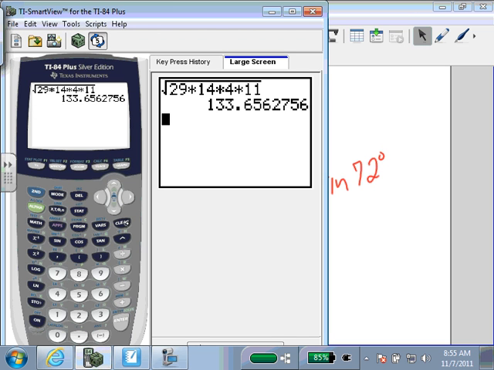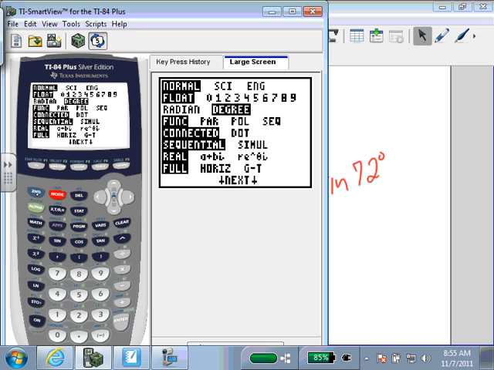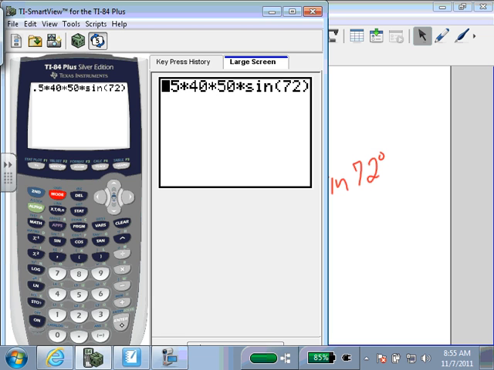Okay, so I have 1/2 times 40 times 50 times the sine of 72 degrees. I'm just going to quickly check to make sure I'm in degree mode, which I am. Otherwise things go wrong.